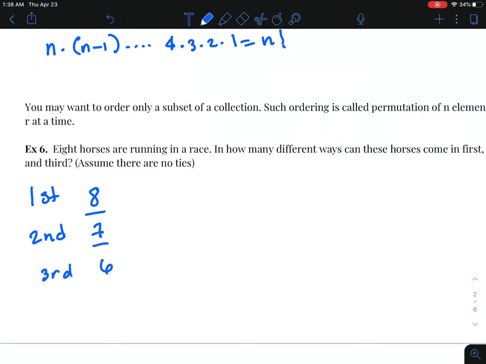Third, we have 6. The other 5 are out, unfortunately. So we're going to take 8 times 7 times 6, and that is going to equal 336.